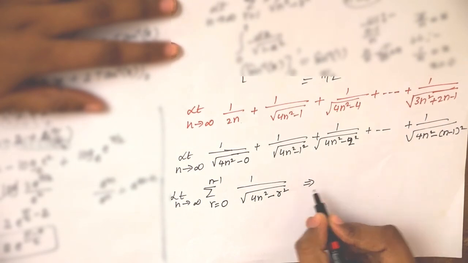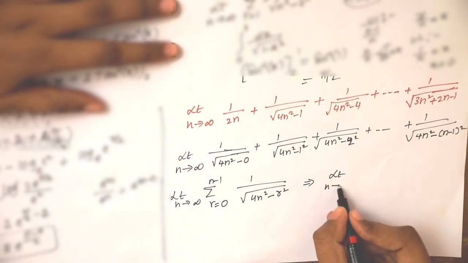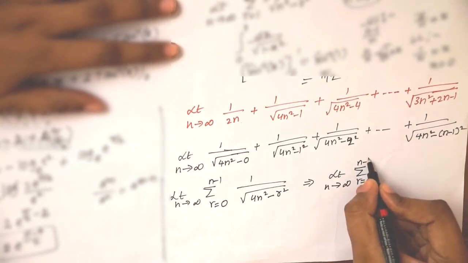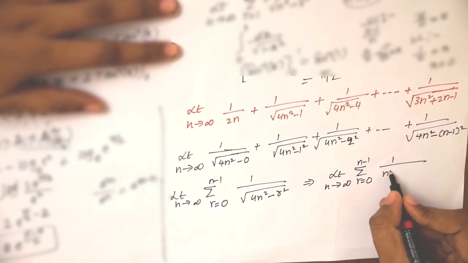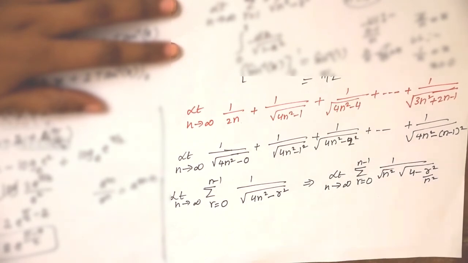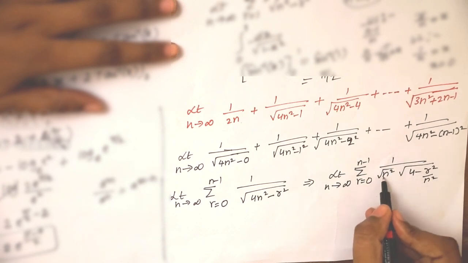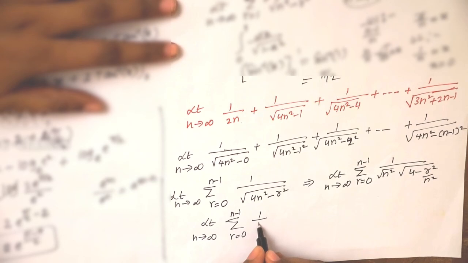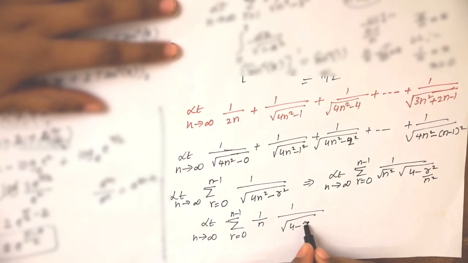By taking n common, limit n tends to infinity, sigma r equal to 0 to n minus 1, 1 by root n square, root 4 minus r square by n square. 1 by root n square is nothing but 1 by n only. So limit n tends to infinity, sigma r equal to 0 to n minus 1, 1 by n, 1 by root over 4 minus r square by n square.